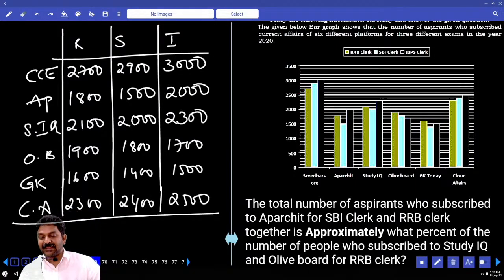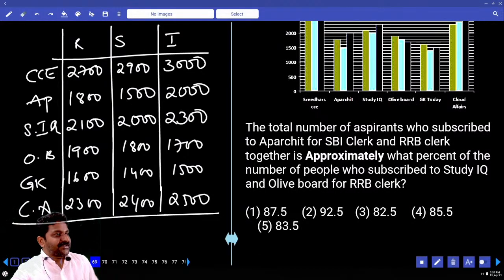Once the table is ready, better start questions. First convert the data given in bar chart to tabular form. Then it will be simple.